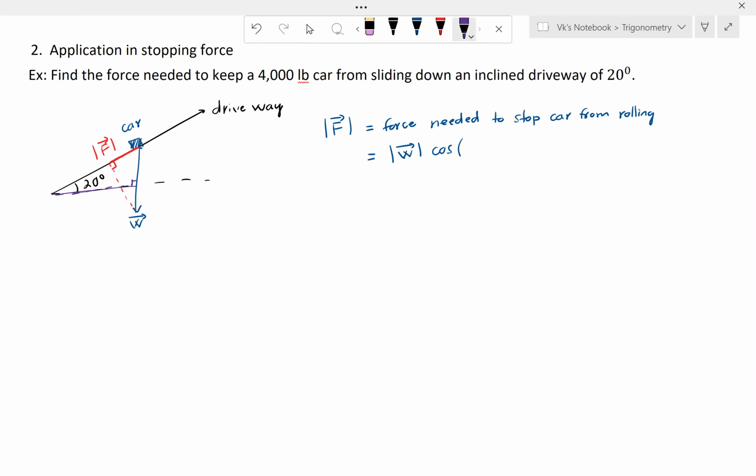You see that the angle right here is 90 degrees minus 20 degrees. So it's cosine of 90 degrees minus 20 degrees.